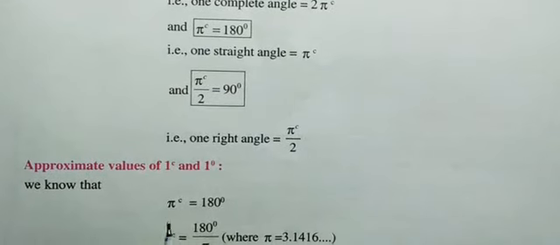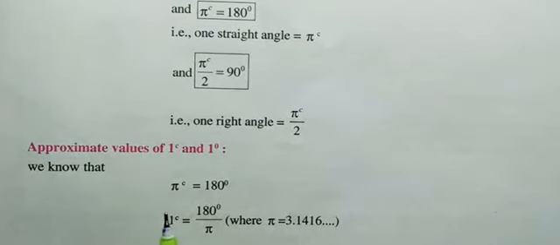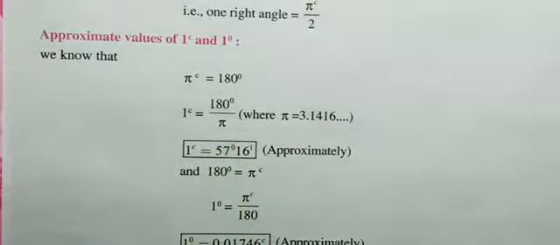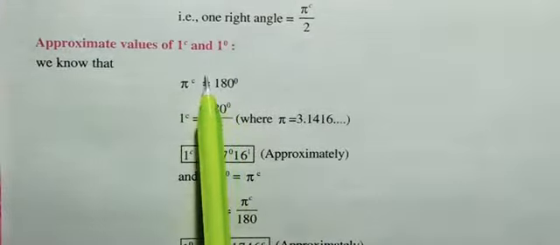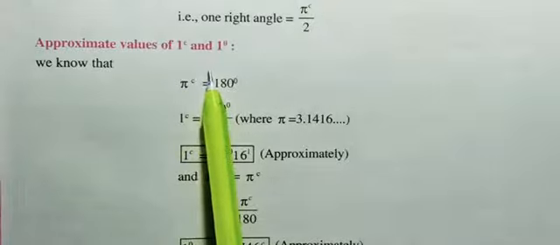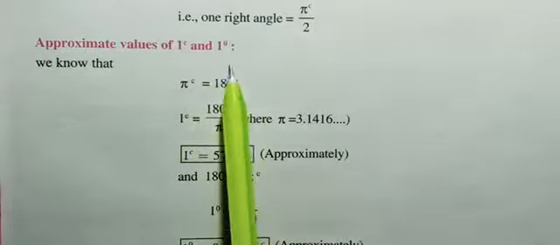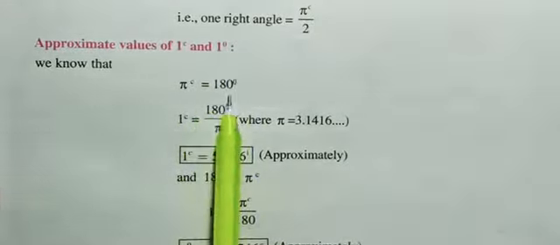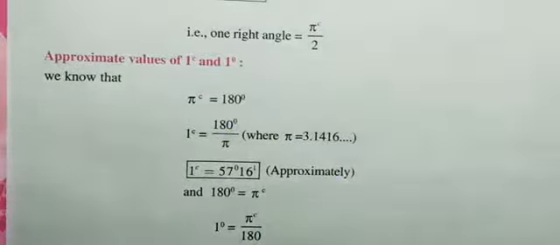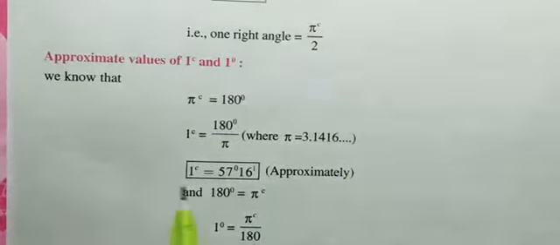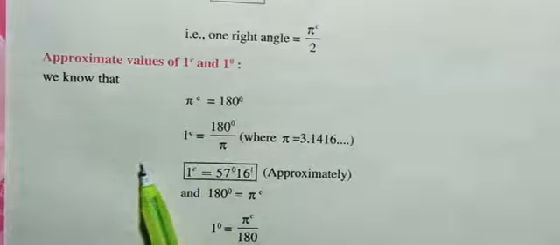Next move to approximate values. Approximate value of 1 radian to degree, and 1 degree. Now here pi radian is equal to 180 degree. Hope you understand that pi radian is equal to 180 degree.